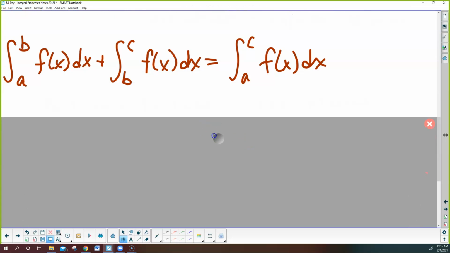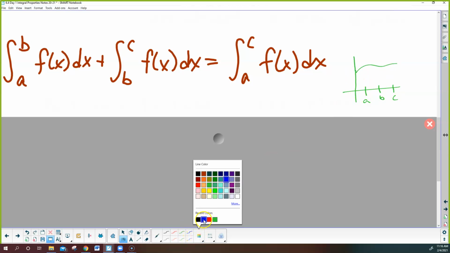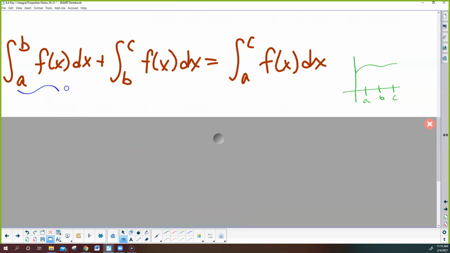The one that we've talked about already is kind of like our area addition model. Let's say that I've got a function from a to b and then to c, and I've got a curve that looks like that. Well, they're saying that if I find the area under a curve from a to b, underneath the curve, that would look like this, right?